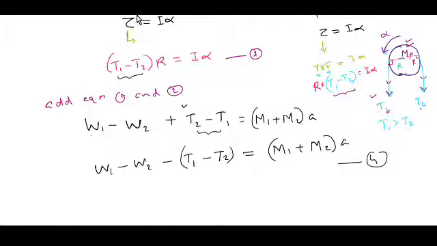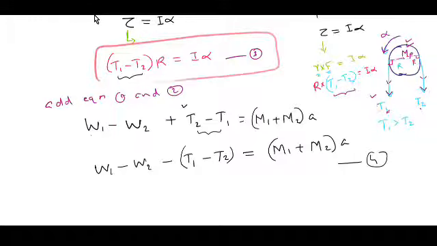Now if you look at this equation 3, instead of T1 minus T2, I can write I alpha by R. Therefore, I'll mention here 3 in equation 4.